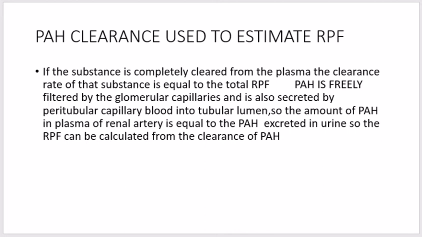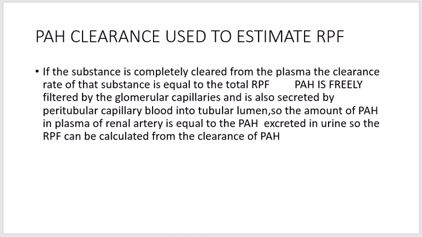One can calculate the total blood flow through the kidney from the total renal plasma flow and the hematocrit percentage of the red blood cells in the blood. The total blood flow of both kidneys is 650. So it can be calculated by the PAH.